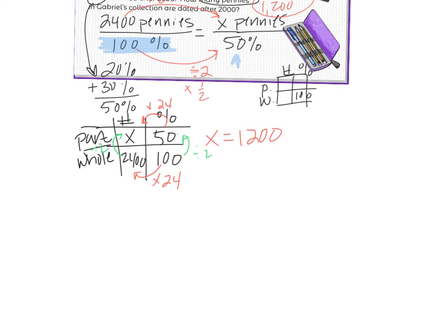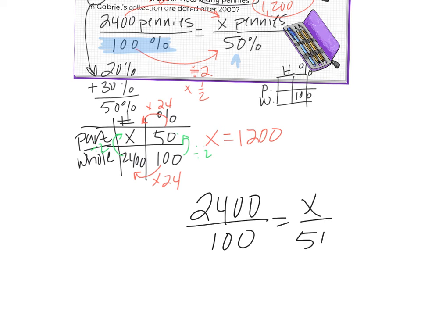So to do that, you would have, hang on, I was on the highlighter instead of the pen, 2400 over 100 equals x over 50, just rewriting this proportion here.